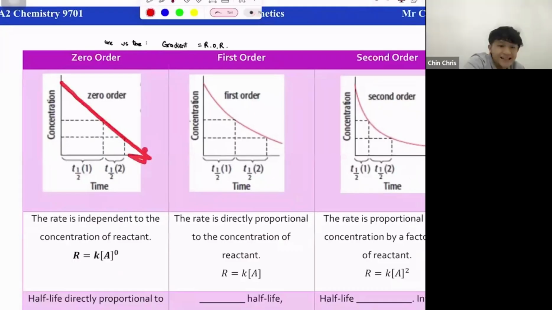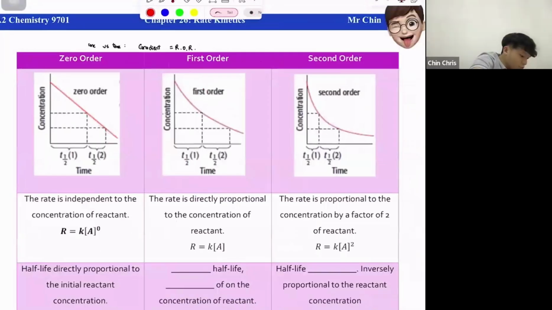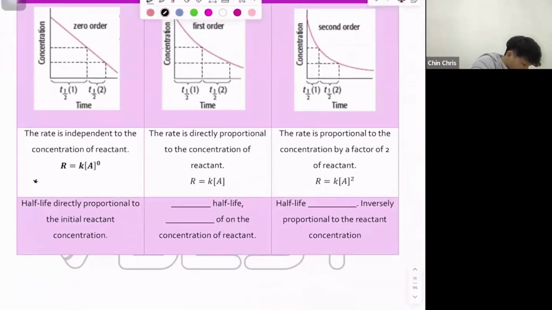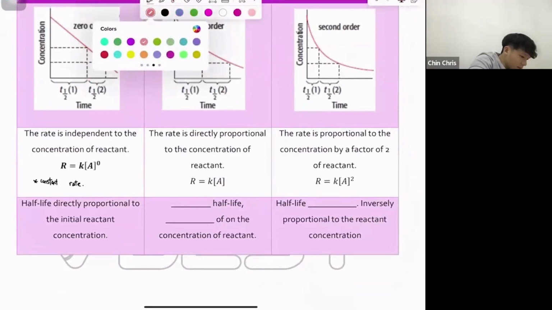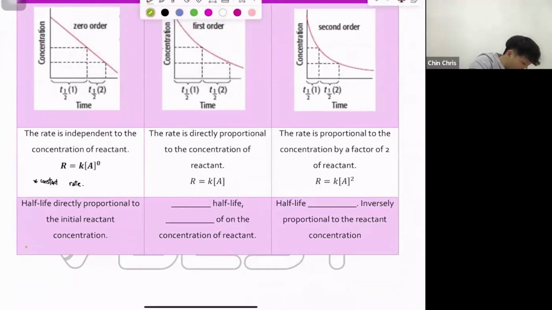A constant gradient, a constant rate, means it's a zero order. At the same time, if you look at the half-life, it will get smaller and smaller. So another determining factor is that you have a decreasing half-life.